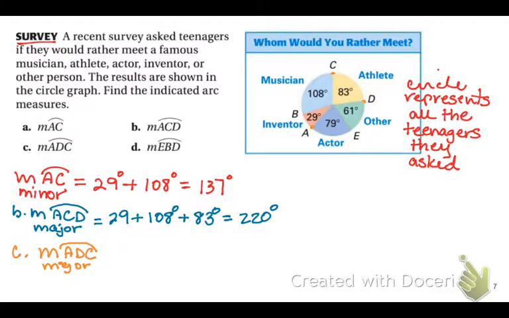So from A to D to C, it's equal to 79 degrees plus 61 degrees, DC, plus 83 degrees, and I believe that's 223 degrees.